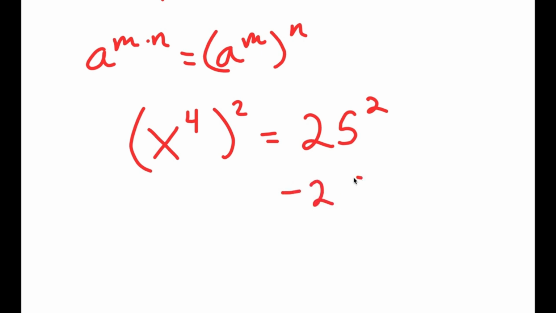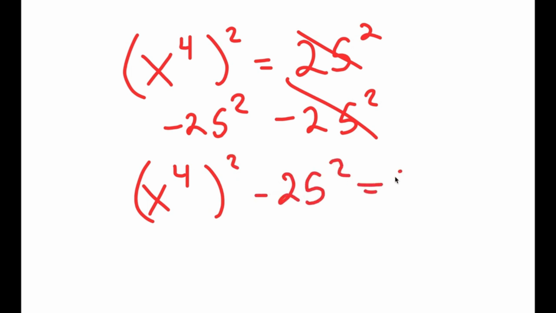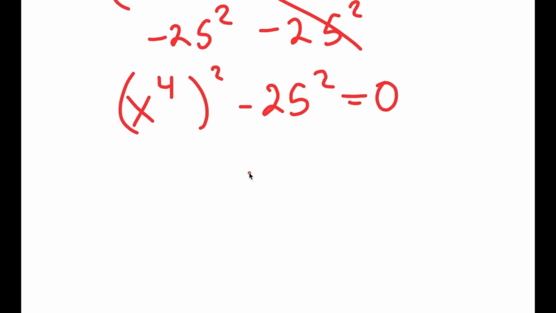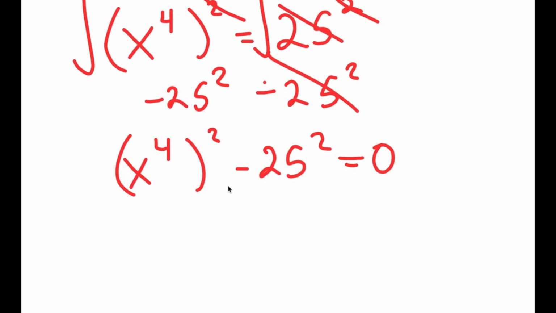Now I'm going to subtract 25 squared on both sides. So these two cancel out, and I get x to the power of 4 to the power of 2 minus 25 to the power of 2 is equal to 0. And before we actually do this, I'm going to take the square root on both sides so I can cancel these 2's out.